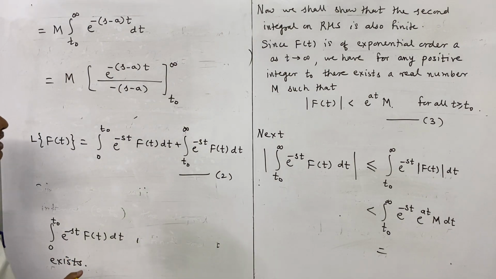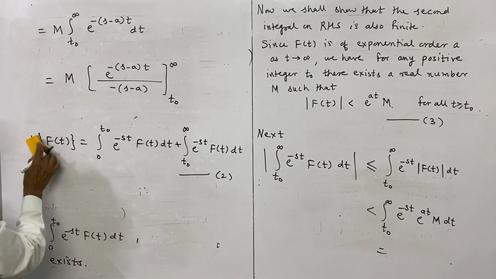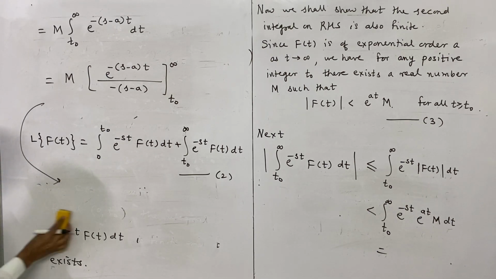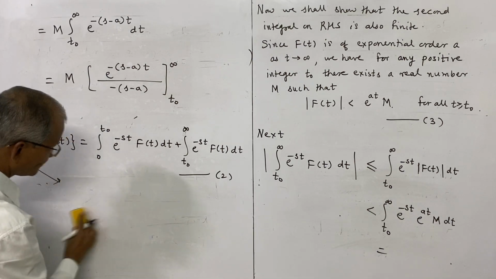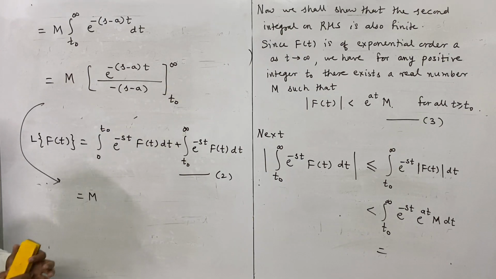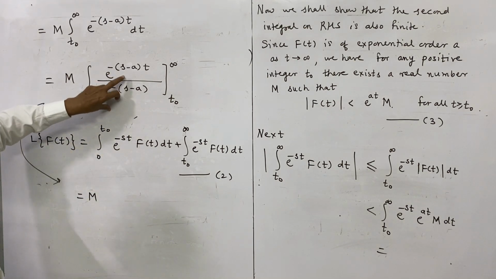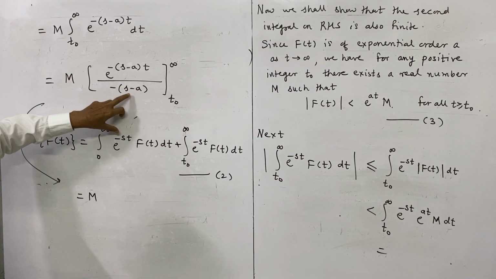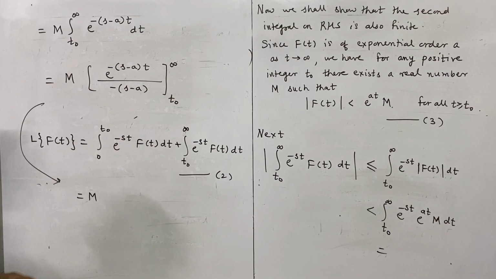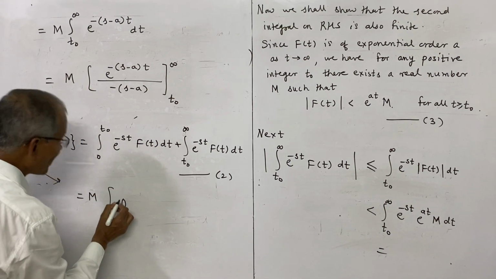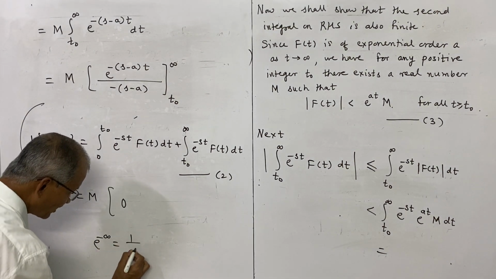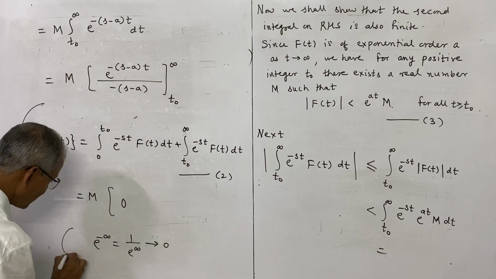Since s is greater than a, at the upper limit e power negative infinity is 1 over e power infinity, which tends to 0.